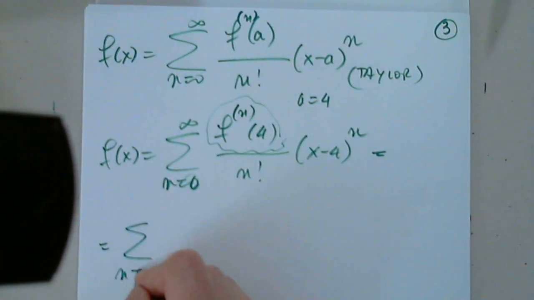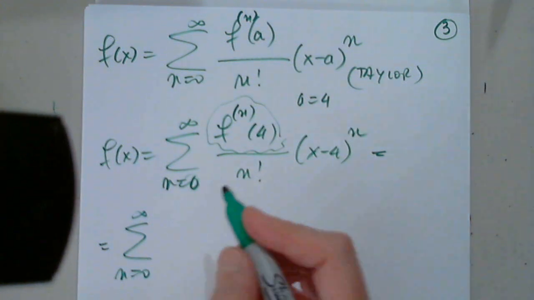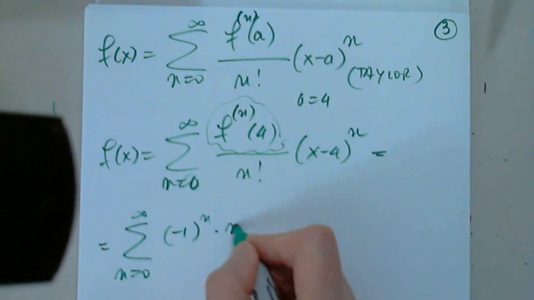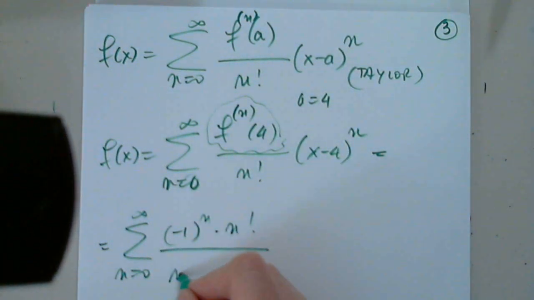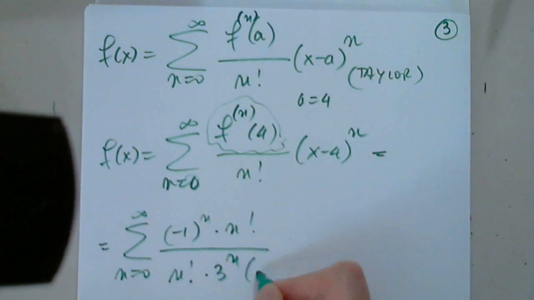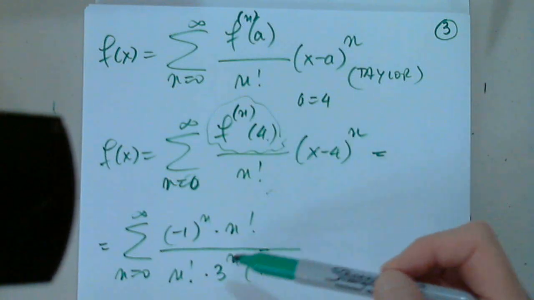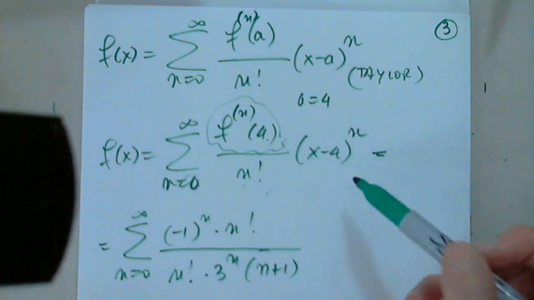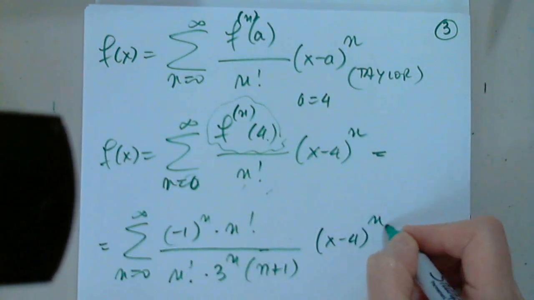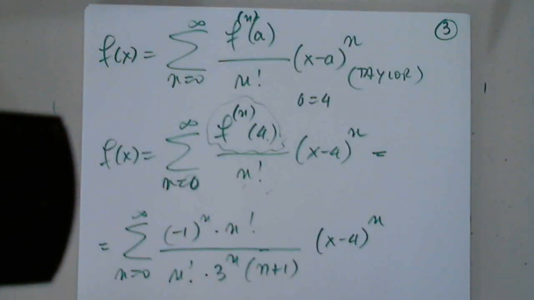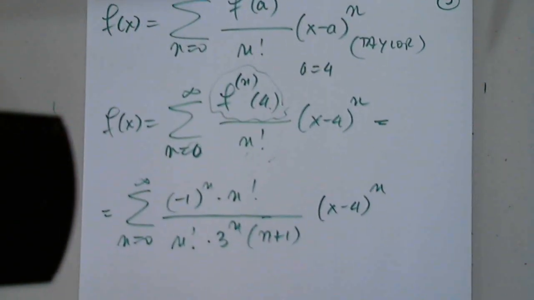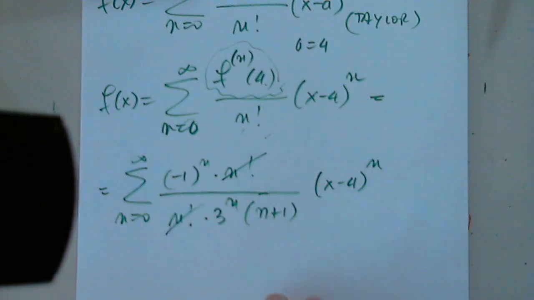So the sum from n equals 0 to infinity, and we have (-1)^n n! over n! times 3^(n+1). So I replaced all this. I copied n factorial, and now (x minus 4) to the nth power. Okay, of course these two go away.